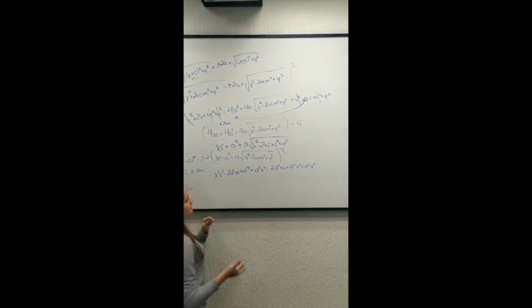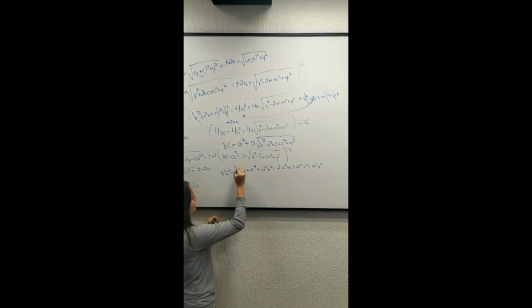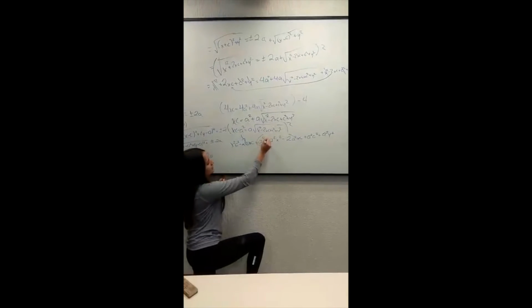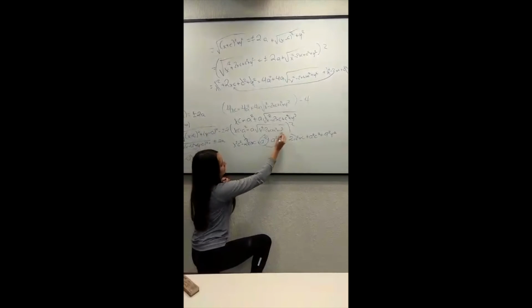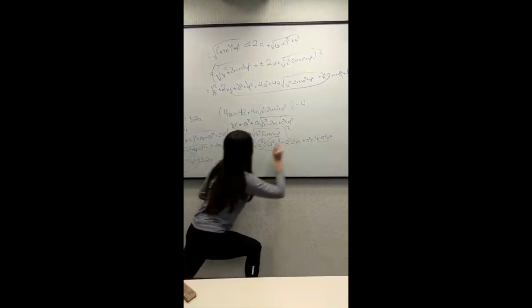Okay, so we simplify this and this. We pass this variable to the other side and this one to this side.